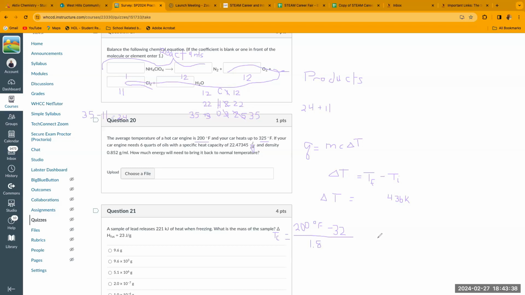Then if we go ahead and add the 273.15, that would change it to Kelvin.